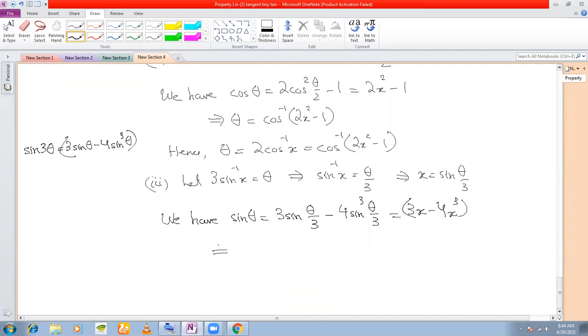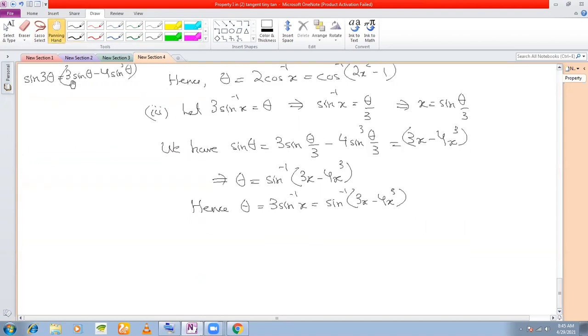So that means what is theta? Theta is equal to sine inverse 3x minus 4x cube. So hence, we started with 3 sine inverse x and we finished at sine inverse 3x minus 4x cube. For the fourth one, I will not work out the proof. I'll just write which formula to use.